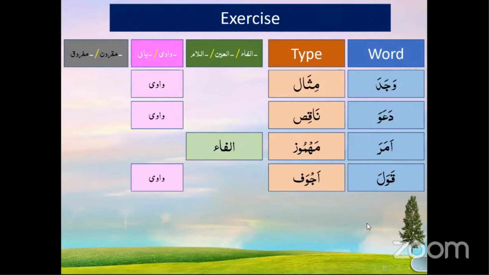I think I forgot about Brother Murad last time. Brother Murad, are you with us? Yes, brother. Okay, so Waqaya. This is a weak letter at the position of Fa, and there is another weak letter at the position of Lam.